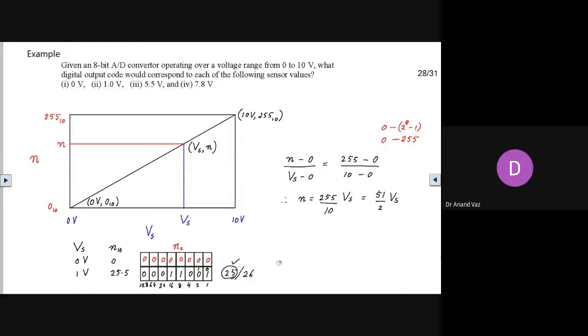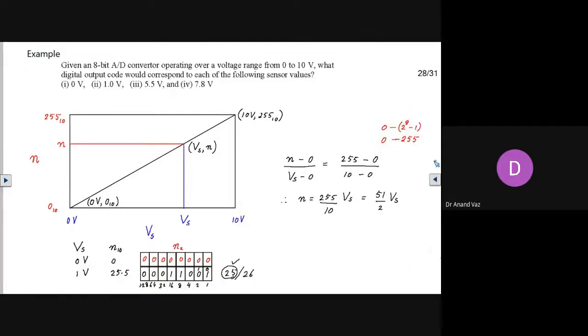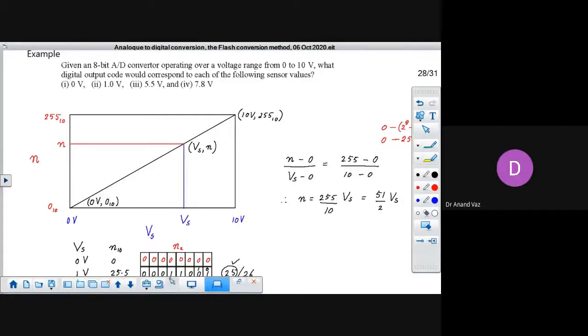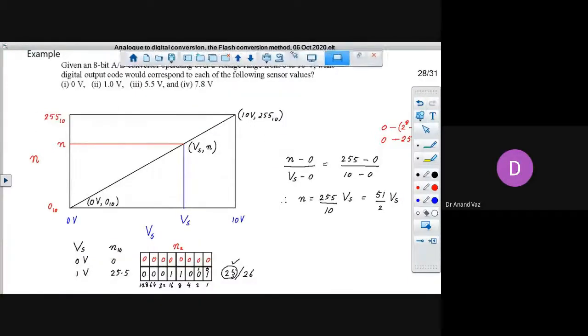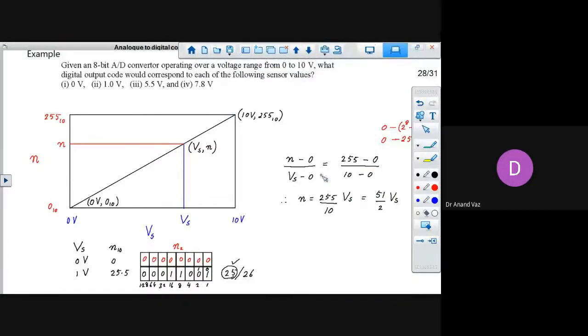In the same way, let's take 7.8 for example. If you have 7.8 here, I think we can do it afresh.